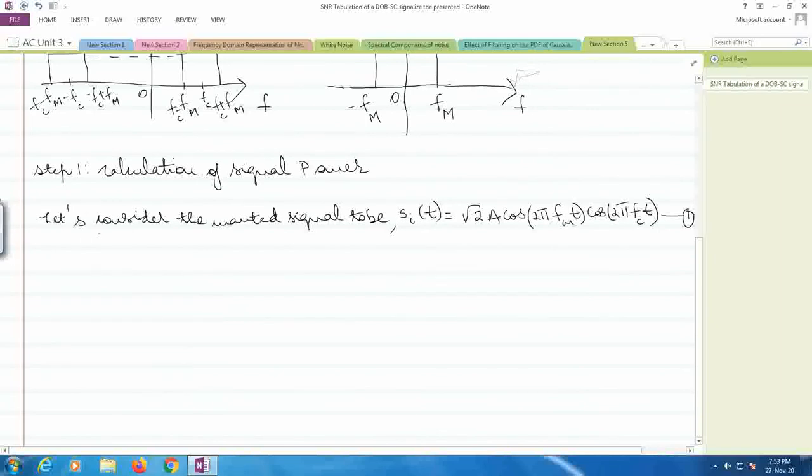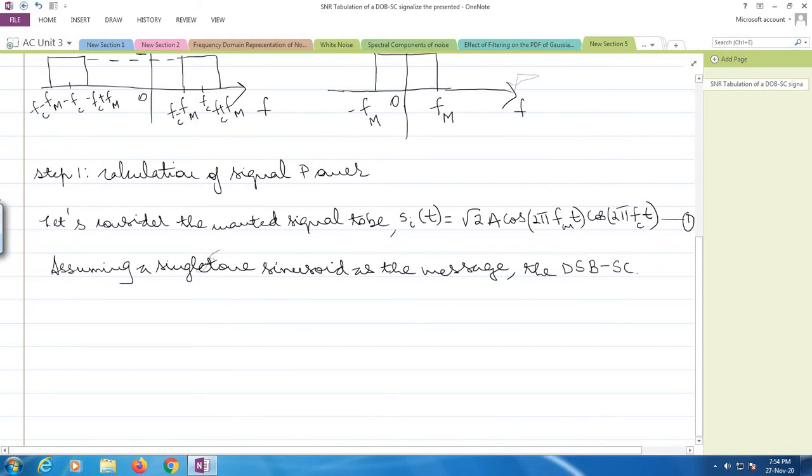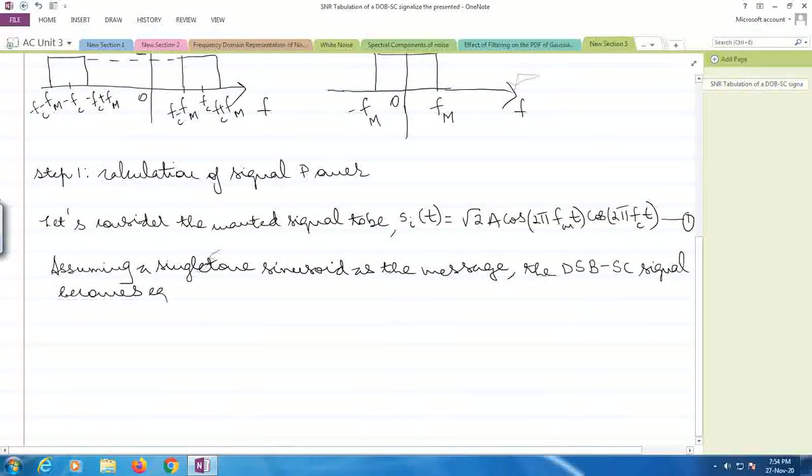Okay, now mind you, we need to remember that assuming a single tone sinusoid as the message, the DSB SC signal becomes equal to the signal in equation 1.